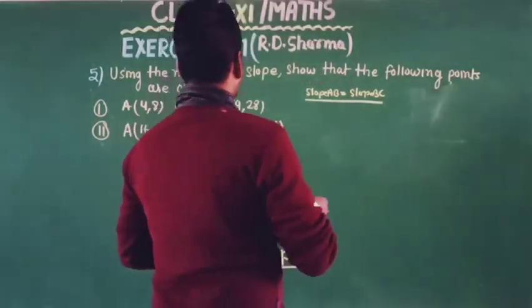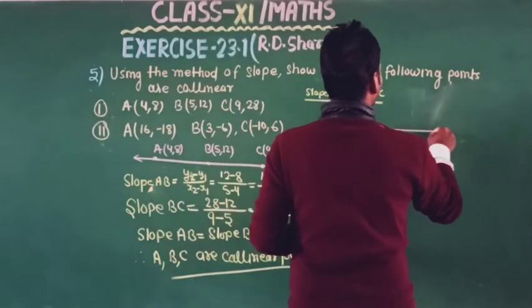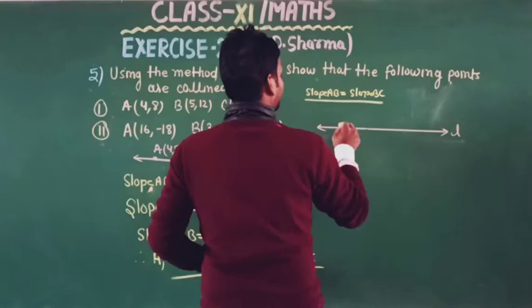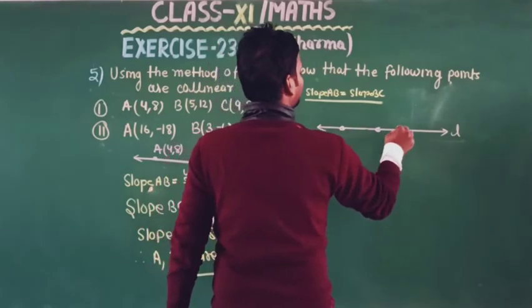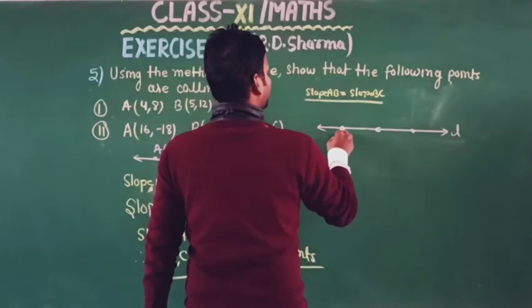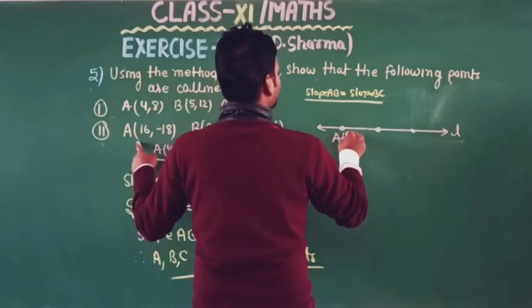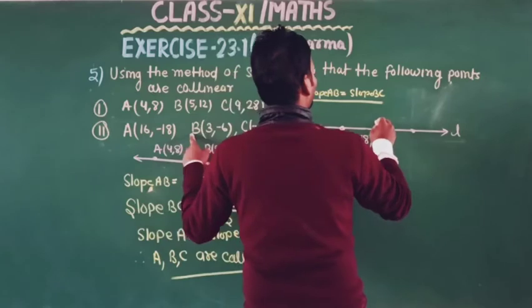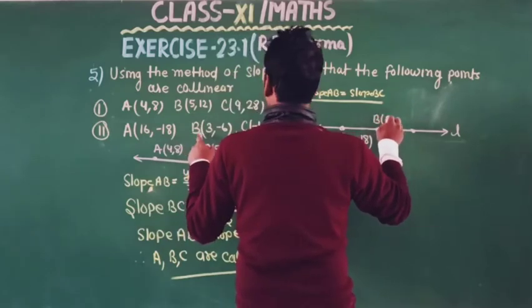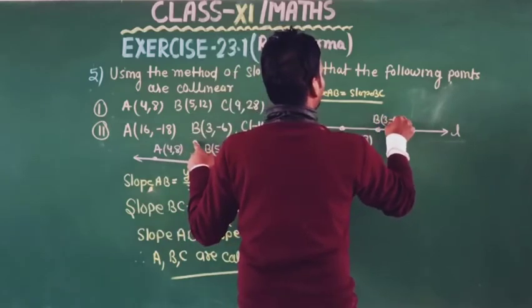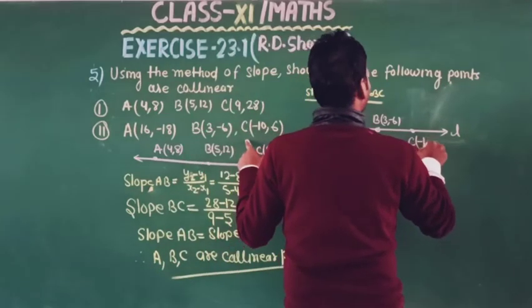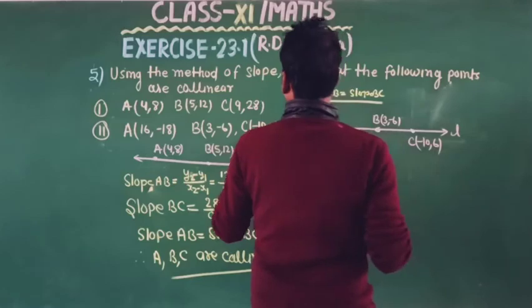Suppose this is a line L which contains these given 3 points: A whose coordinate is (16, minus 18), point B whose coordinate is (3, minus 6), and point C whose coordinate is (minus 10, 6).